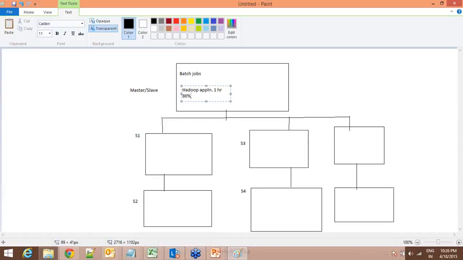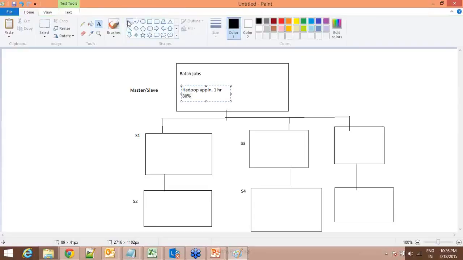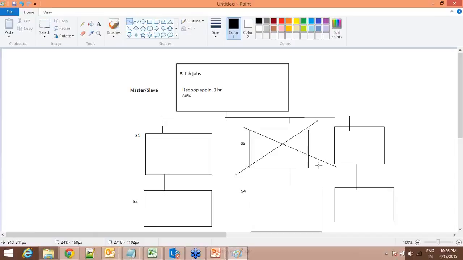So in this scenario, again the same situation: one of the nodes in the cluster is dead. One or two nodes maybe.